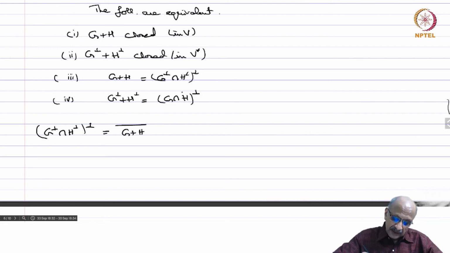Conversely, if you have relation 3, then the closure of G plus H is G plus H and therefore G plus H is closed. So it is obvious that 1 is equivalent to 3.